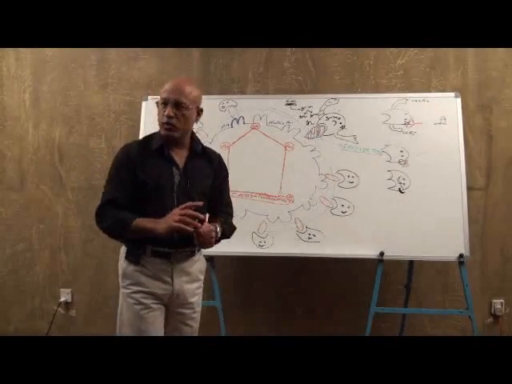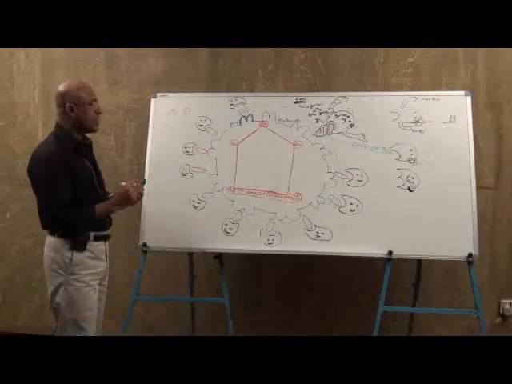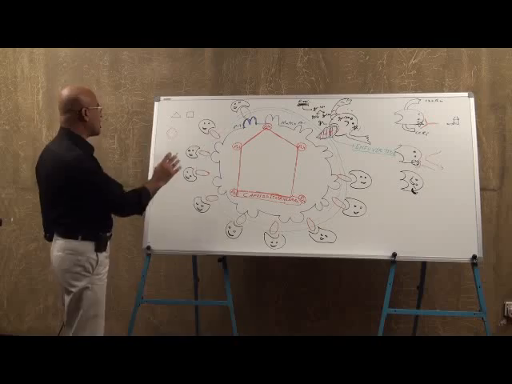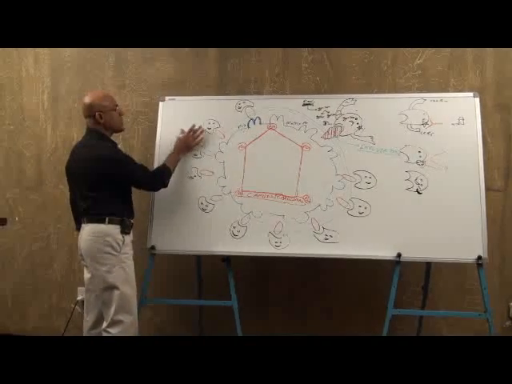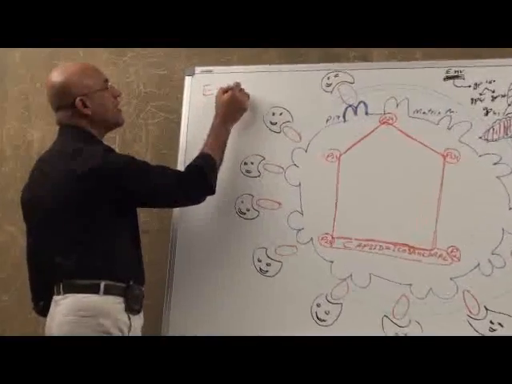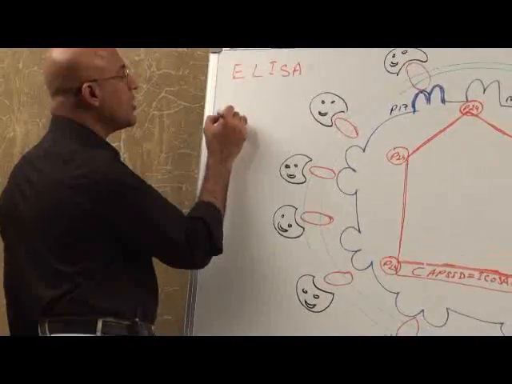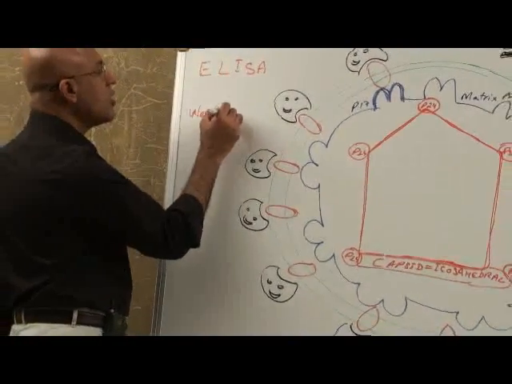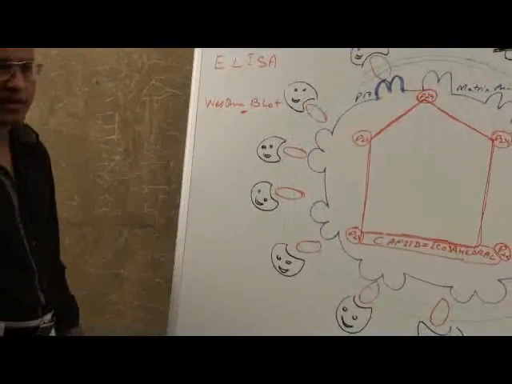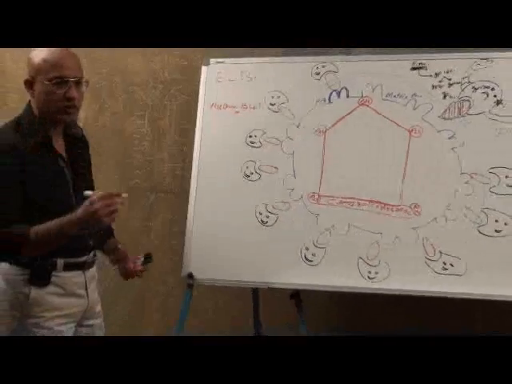Now, in a patient, to detect whether HIV is present in the blood or not, there are usually two tests which are done commonly. Number one is the ELISA test. And the other is Western blot. These two tests I will discuss in detail later when I talk about the diagnosis of the disease.